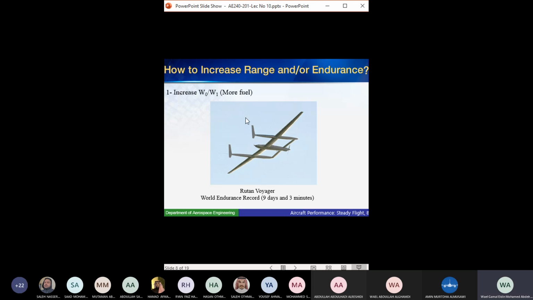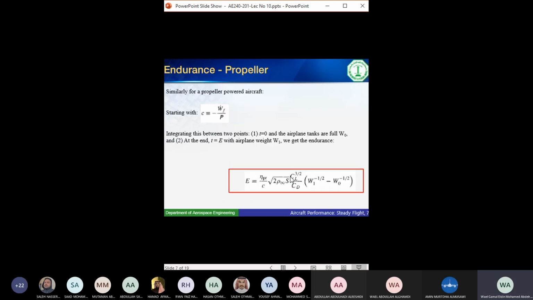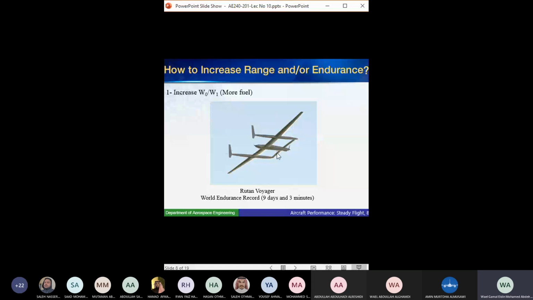In order to do this, when you go to endurance for propeller, they must have selected an airfoil that has the maximum value of this ratio, CL^(3/2)/CD. And this ratio is determined from the drag polar. If you know CL, you will get CD. So depending on the drag polar, you get this ratio, large fuel tanks, and you have high endurance.